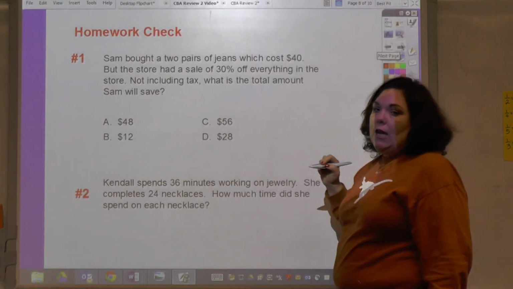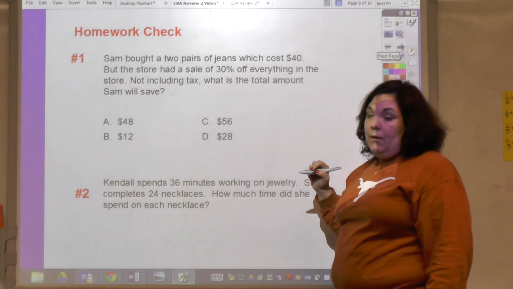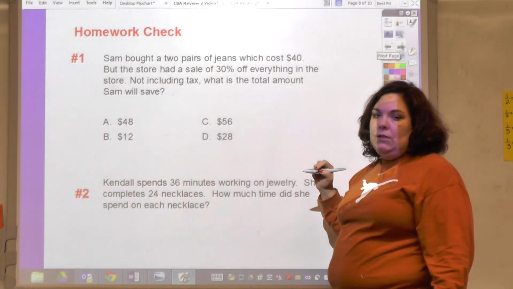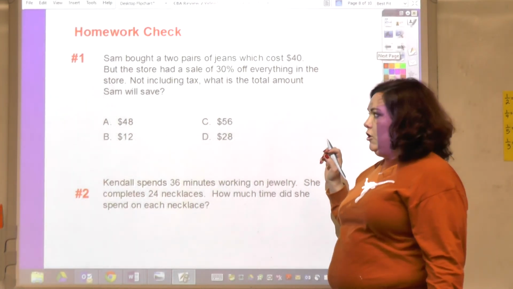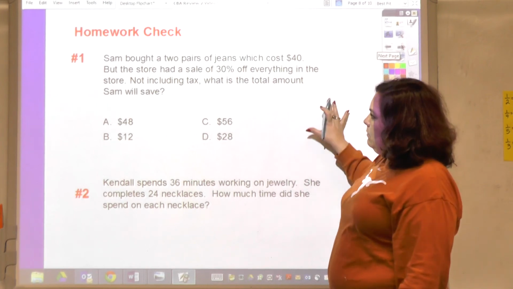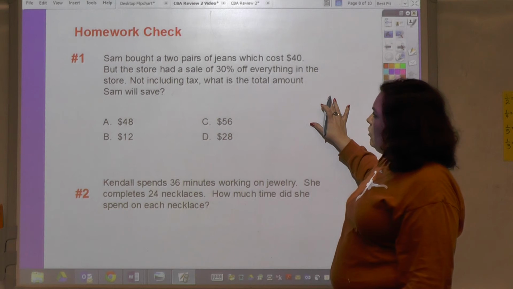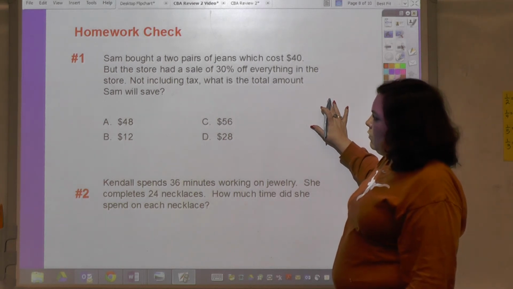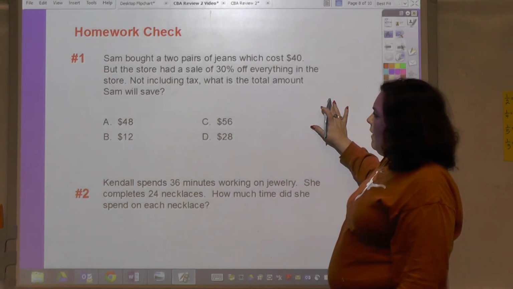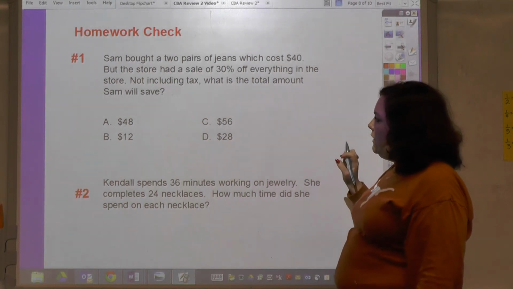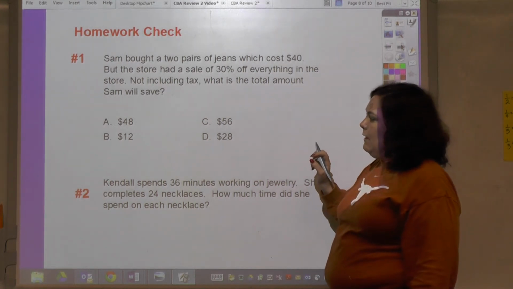So here's your homework check, just 3 questions. A little bit more challenging because these are STAAR-like questions. This one: Sam bought 2 pairs of jeans which cost $40, but the store had a sale of 30% off everything in the store. Not including tax, what is the total amount Sam will save?